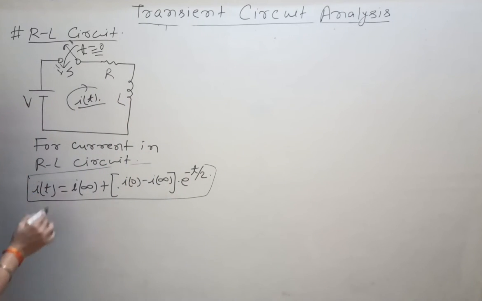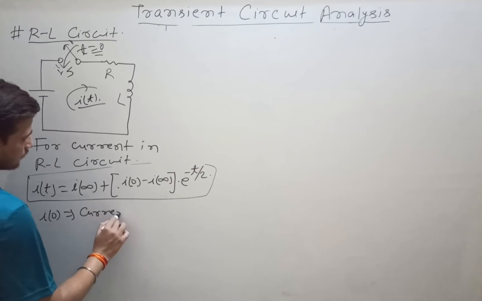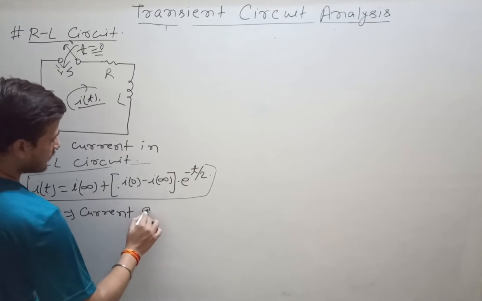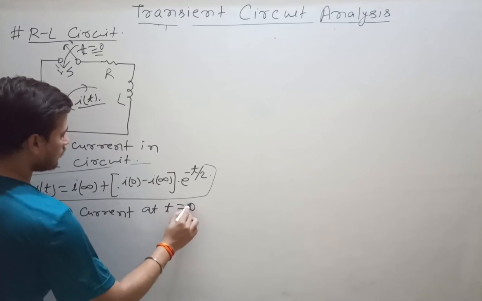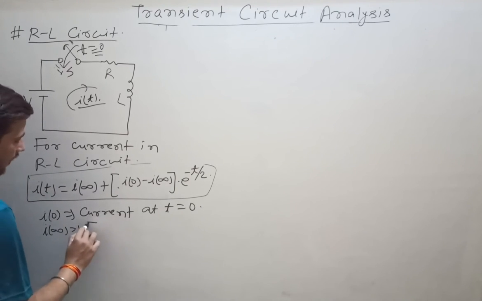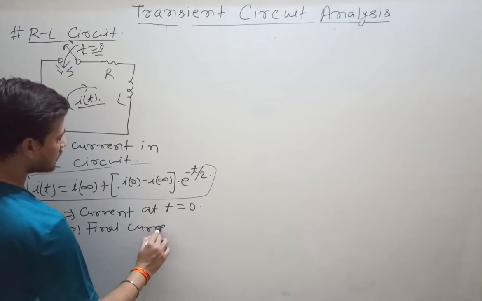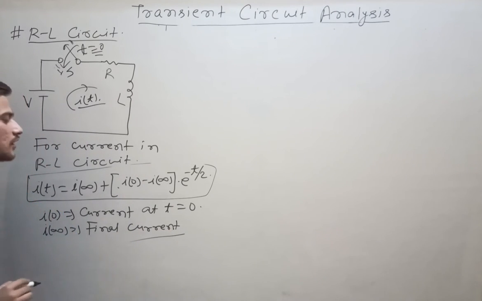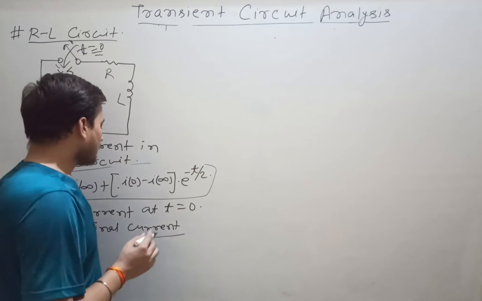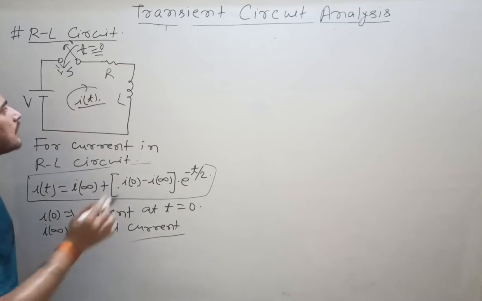What does it mean? It means I0 is the current at t equal to 0. I infinity is final current, that means the current when inductor is short circuited. Clear? So now we have to write here the initial current and final current.